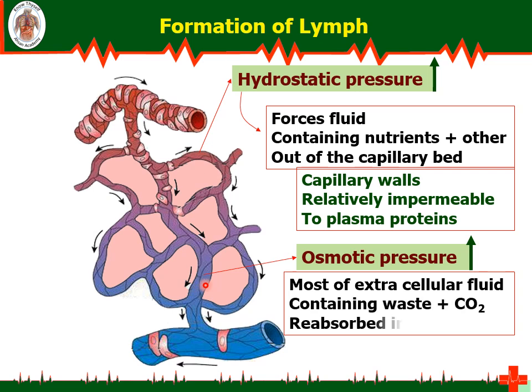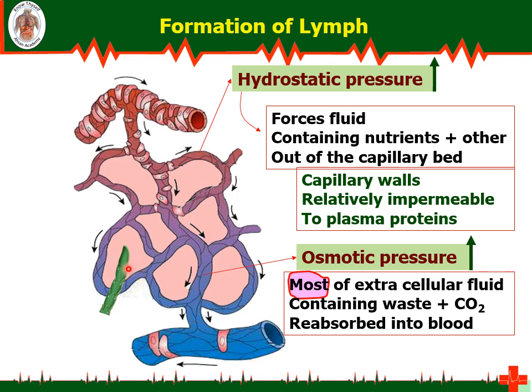Most of the fluid is returning, carrying waste products and carbon dioxide from the interstitial space, and the blood volume is increased. But look at the words "most of the fluid." Not all of the fluid that came out returns. A certain amount of lymph fluid remains within the interstitial space.